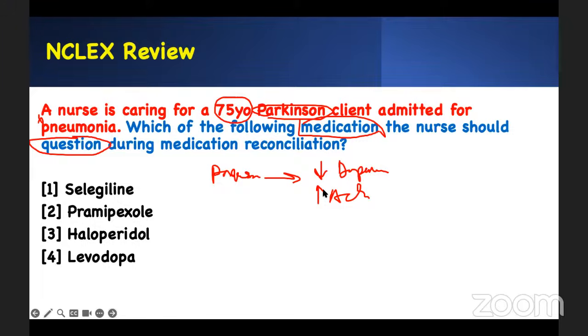Concept. And when you take this, you look at the question and say, I have a Parkinson patient. I should make sure the dopamine is high enough to be able to function. And that is the work we do when we treat patients with Parkinson. We block the acetylcholine and give them more what? Dopamine to work with. Therefore, if you are the nurse looking at this question's answer choices, which one should you question?